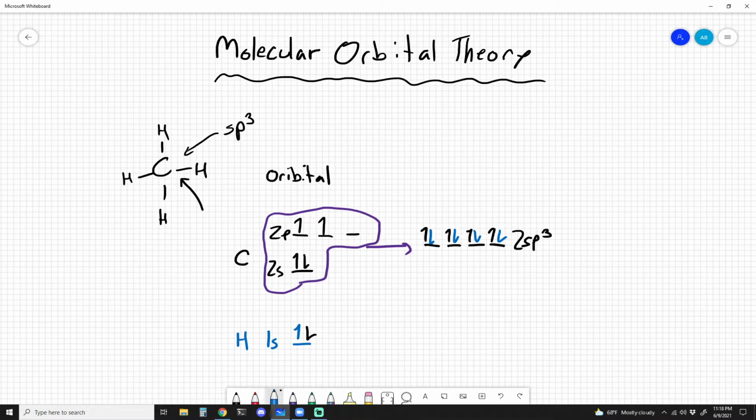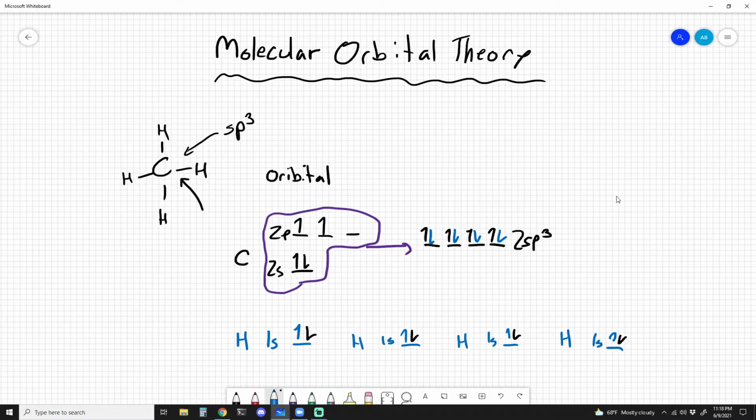We have 4 of these, so there's 4 different hydrogens that each have 1 electron in the 1s energy level, and each of these is sharing one of those different electrons with the carbon. So that's a traditional way to think about it and how you probably think about it now.